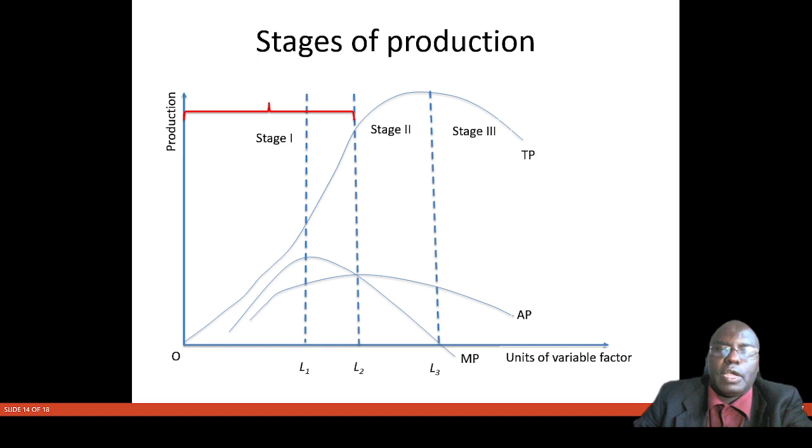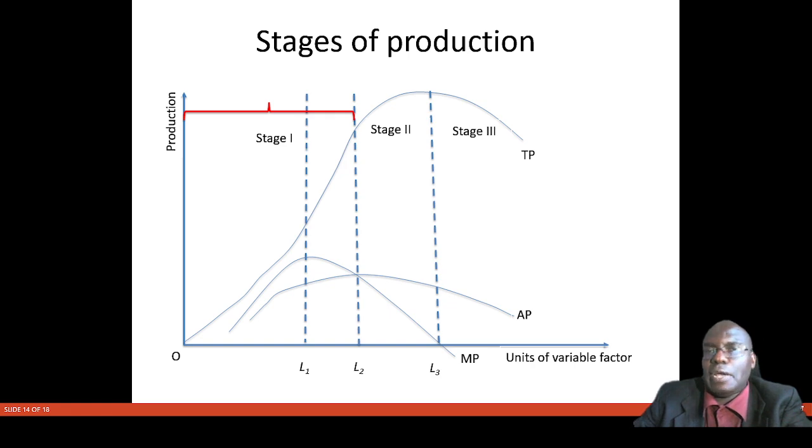So I want you first of all to look at what is happening at L1. At L1, we can see that the total product is increasing at an increasing rate, and after L1, it increases at a decreasing rate, or it is still increasing up to L2, where it starts to increase at a decreasing rate.